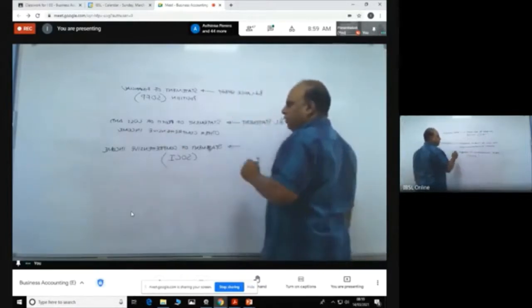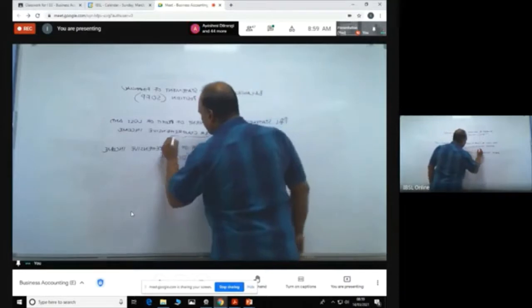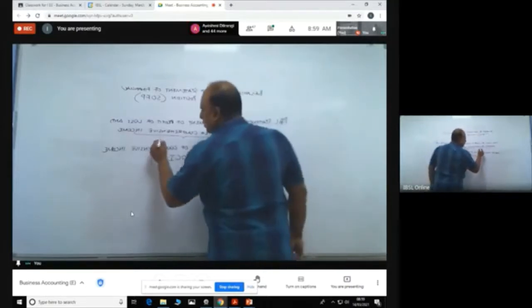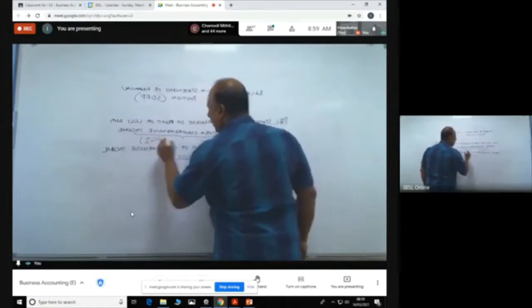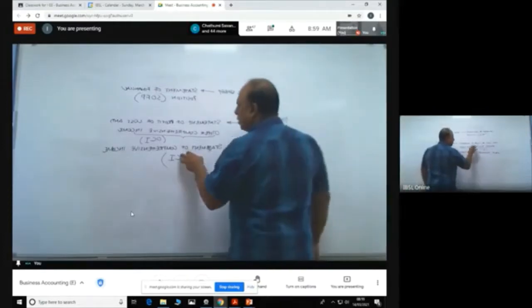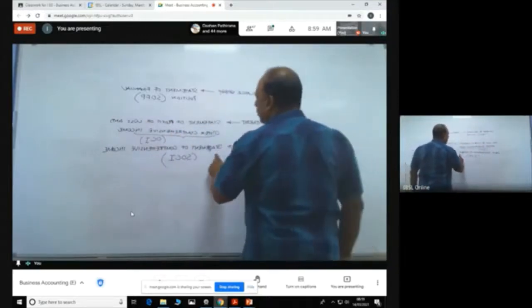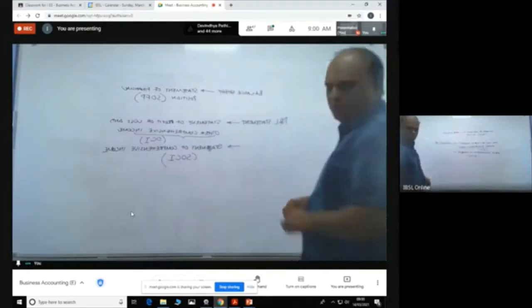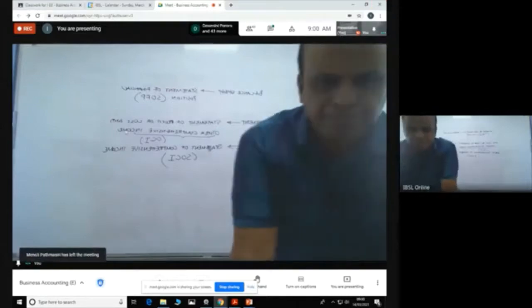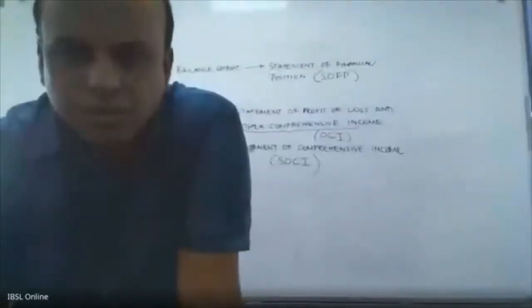But if you look at this part, other comprehensive income, that is known as OCI. This is what I was referring. Please note, statement of comprehensive income is the entire P&L, which includes the profit or loss and the other comprehensive income, both. So in the examination, you might see this name. Don't get confused just because you see this. I'll see whether I can show you this.